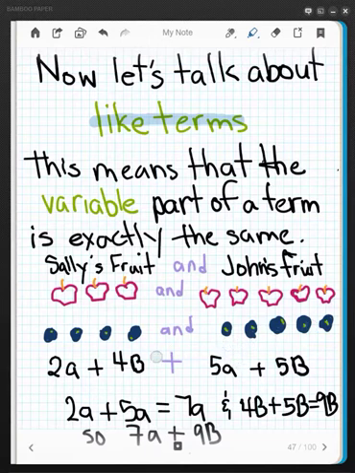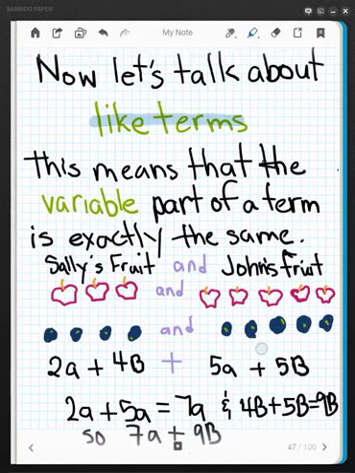With that idea that I came up with before about representing things in a lazy way, apples, I'll use an A, and blueberries, I'll use a B. Sally has 2 apples and 4 blueberries. John has 5 apples and 5 blueberries.